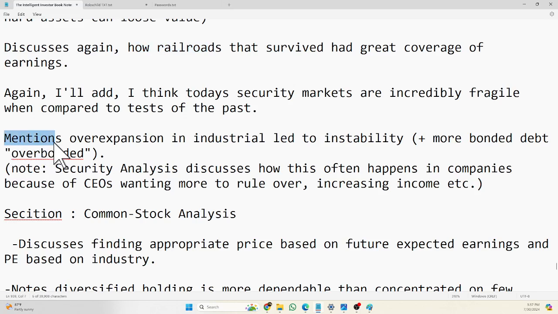And then we talk about overexpansion in industrials leading to instability. So more bonded debt, how you can have a company that's overbonded. Basically, when a company goes to a bank or is selling bonds to whoever, they're increasing the leverage of the stock. So the company's bigger, so they have more money that they're controlling, that they're trying to use to create more earnings.